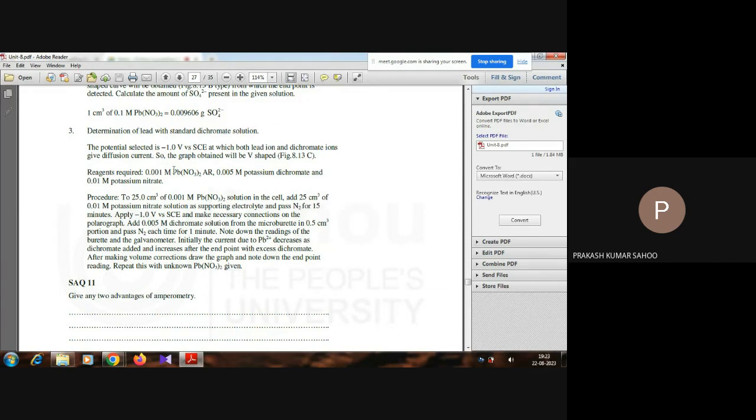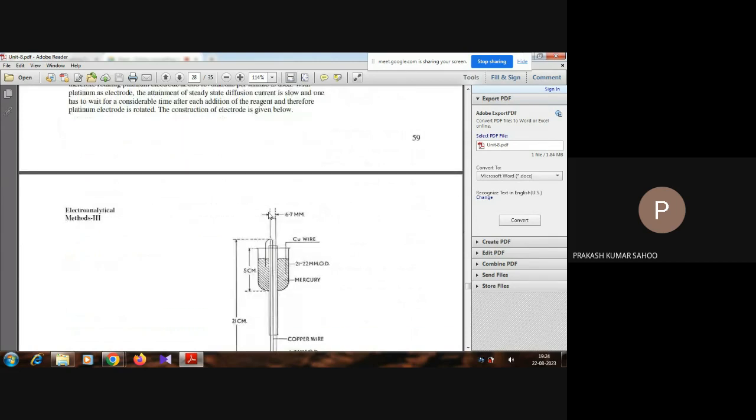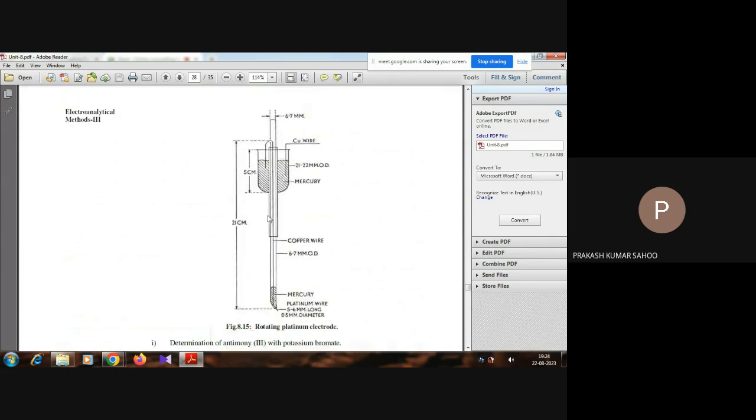Lead will react with potassium dichromate to form lead dichromate. Then the same process is adopted, and we will have the current. Titration with the rotating platinum electrode: here stirring is there, rotation is there. Constant stirring will be there with the rotating platinum electrode.